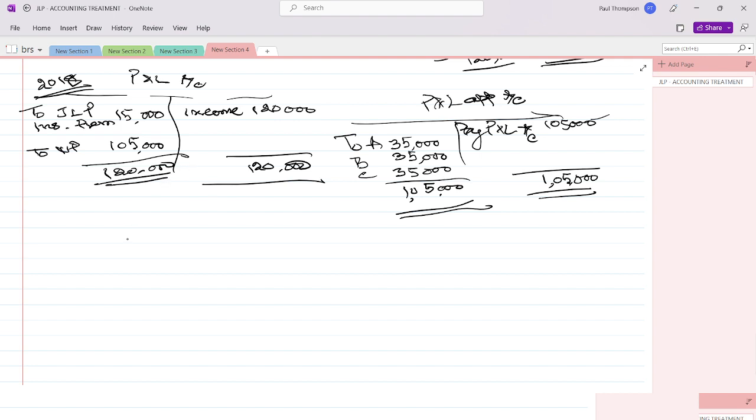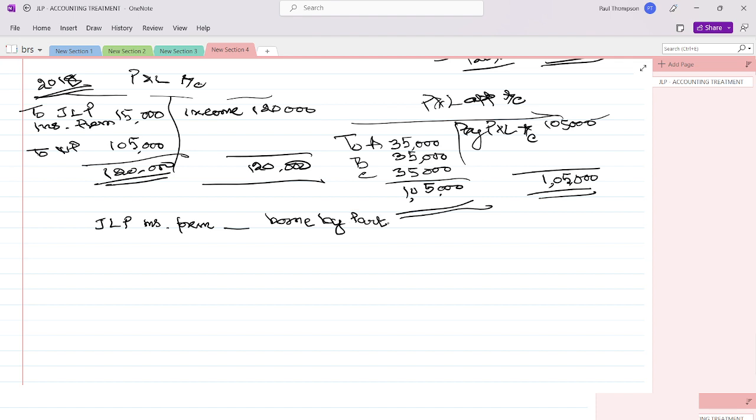So the conclusion here is that the joint life policy insurance premium is borne by all the partners, and any amount receivable from the insurance company is distributed among the old partners in the old profit sharing ratio.